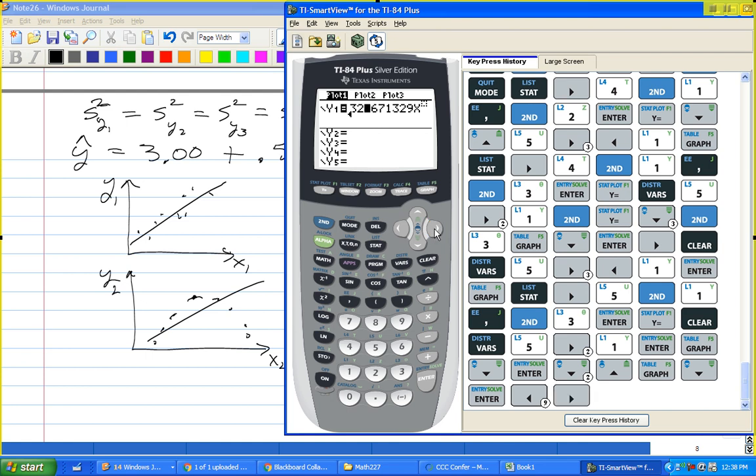Oh, why didn't it say squared? It's a square. Okay.